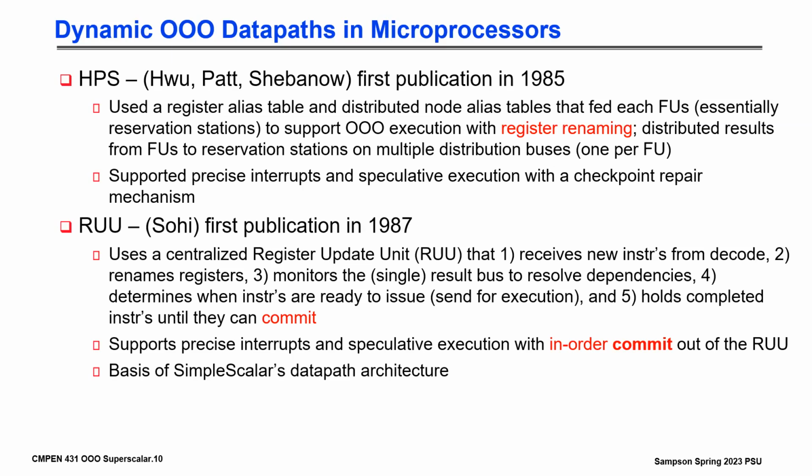And in particular, this is going to have its roots in something called the data flow execution model. So it's a different model. At the heart of all of our out-of-order machines really is data flow.